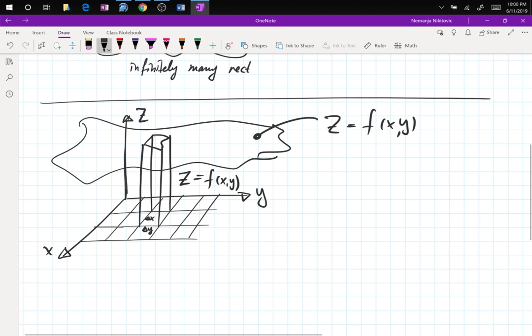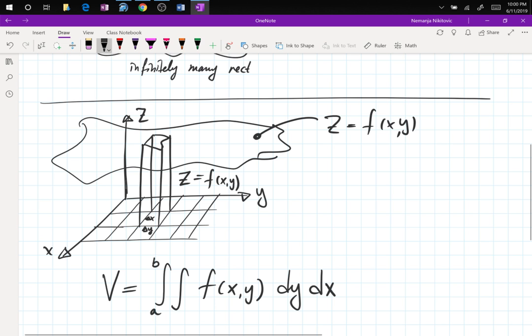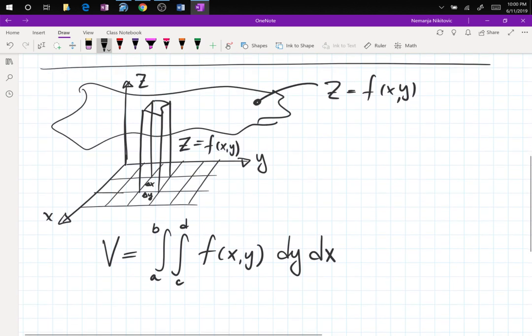Now, if you look at this, the volume is going to be the double integral of f of x y, and then we'll put dy dx if we're going to go a b, and then c d. Now a b are your limits of integration in the x direction, and c d will be the limits of integration in the y direction.